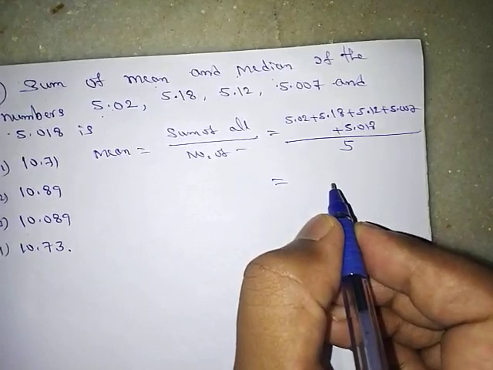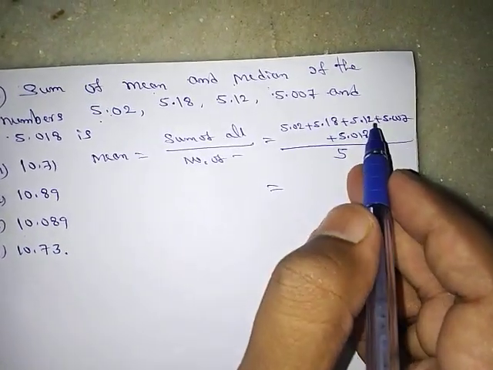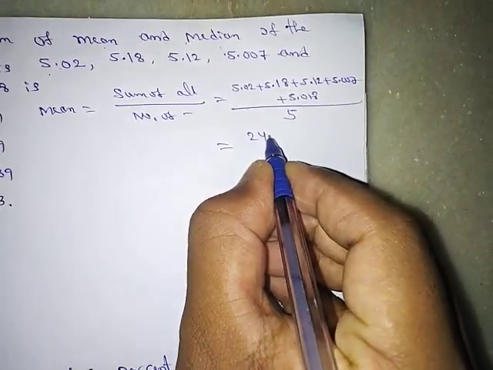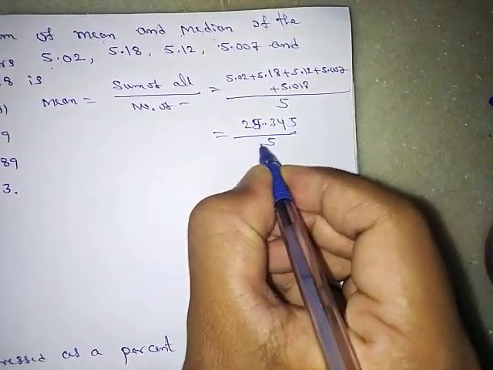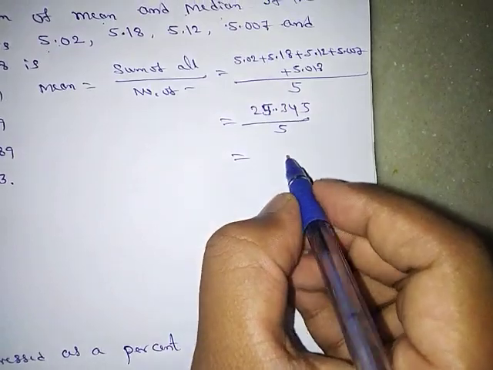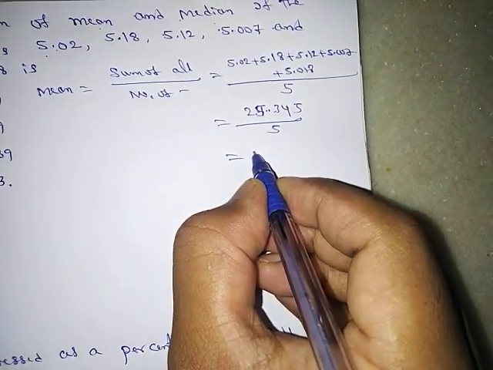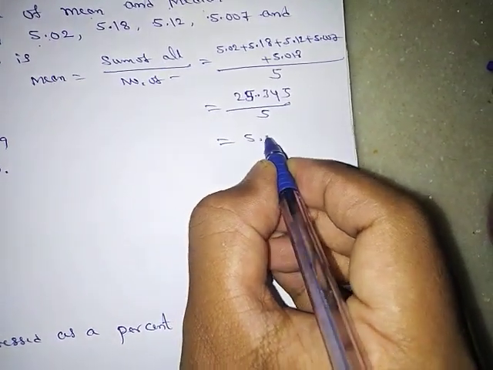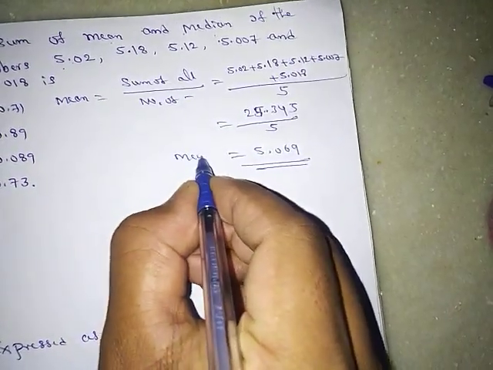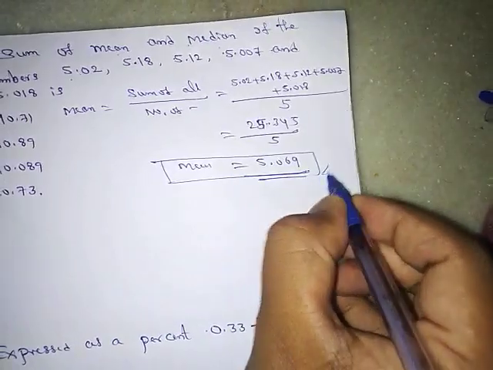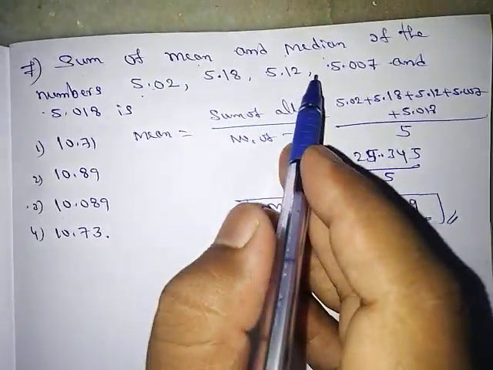What is the sum of those values? You can find it. That is 25.345 by 5. So when you divide this, you will easily get 5.069. So this is the mean. Now after finding the mean, you need to find what? A median.